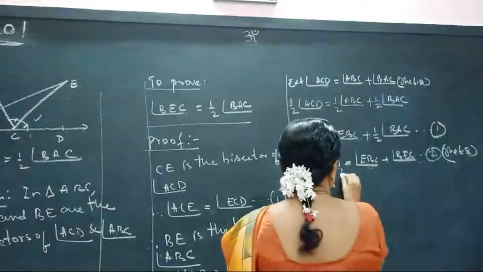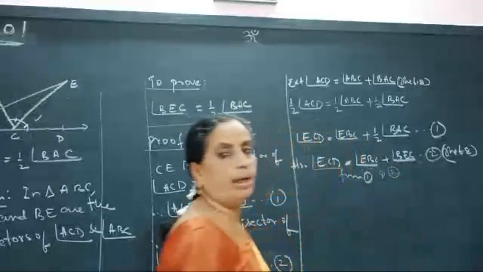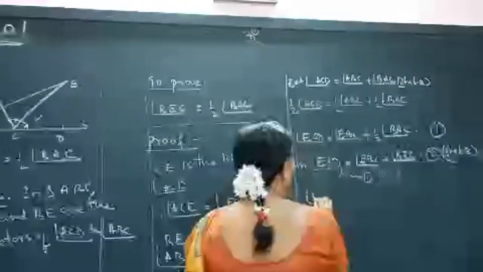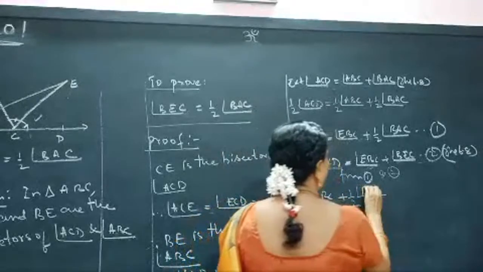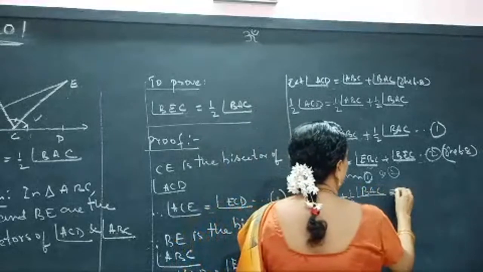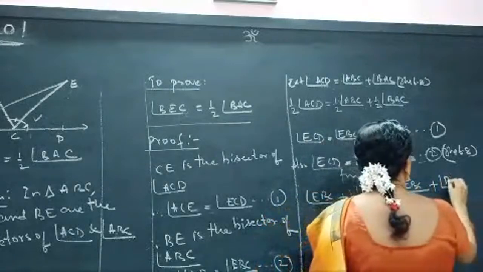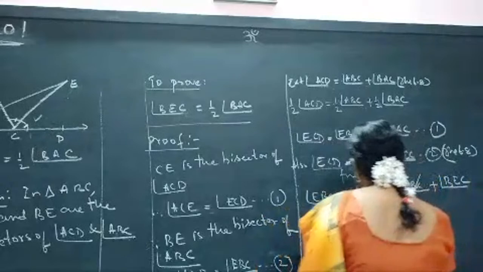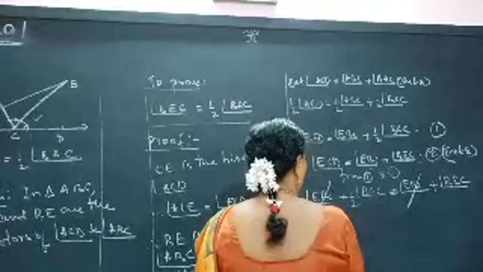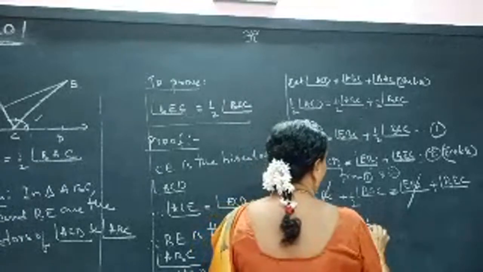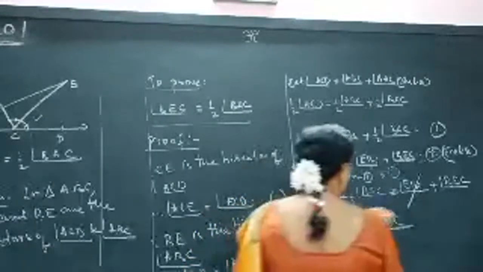So from the results 1 and 2 we get angle EBC plus half of angle BAC equals angle EBC plus angle BEC. Now EBC can be cancelled on both sides. Therefore, angle BEC equals half of angle BAC. This is the result we need.